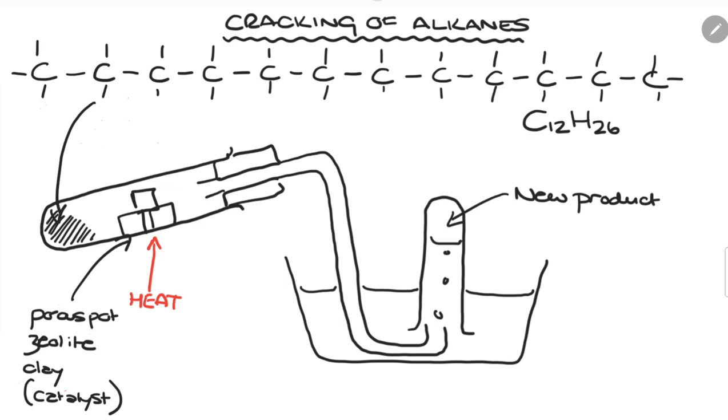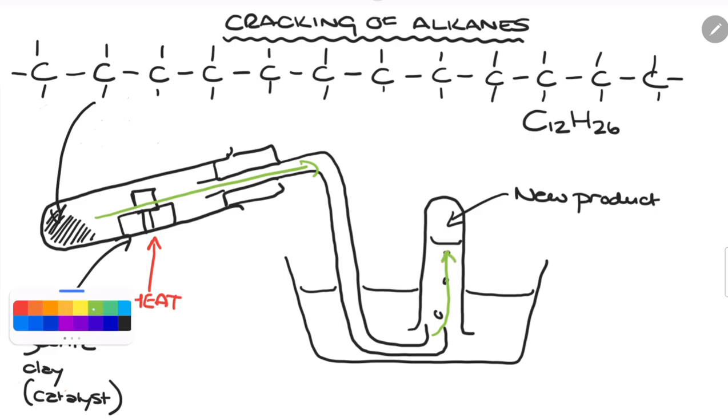Now that new product has been formed from the thermal decomposition, the cracking process of taking our C12H26 molecule, and through the process, as I say, of catalytic cracking, we've heated it, we've passed it over the catalyst, it's travelled down the tube, and we've collected it into here.